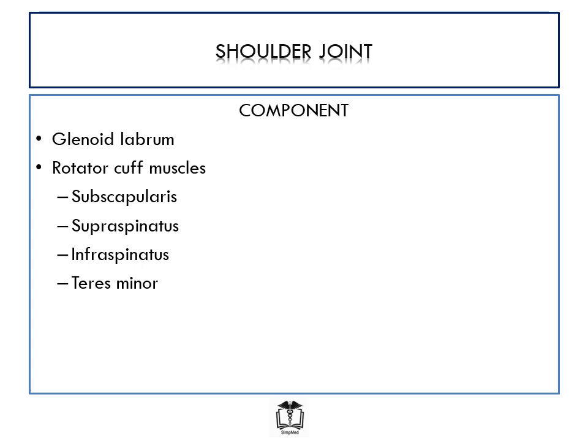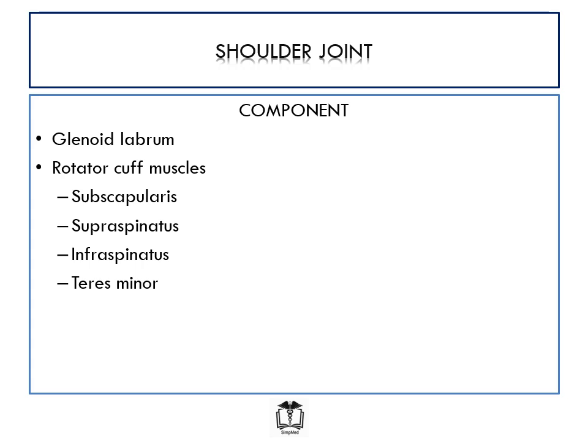First, the glenoid labrum is a fibrous tissue that deepens the glenoid cavity. It's found at the edges of the glenoid cavity, so it deepens it and allows the head to fit into it well. Whereas the rotator cuff muscles are muscles that surround the entire joint and hold the head of the humerus in place.